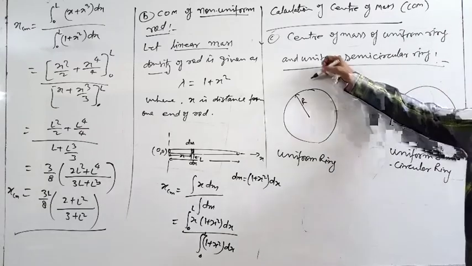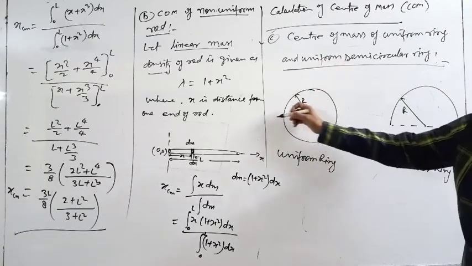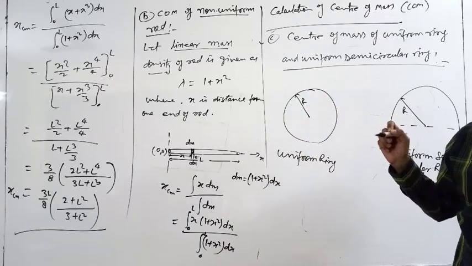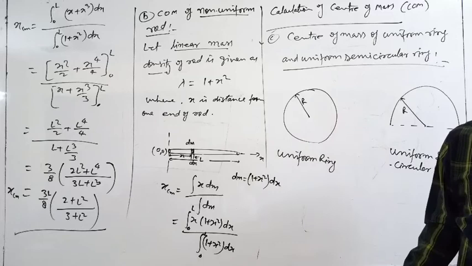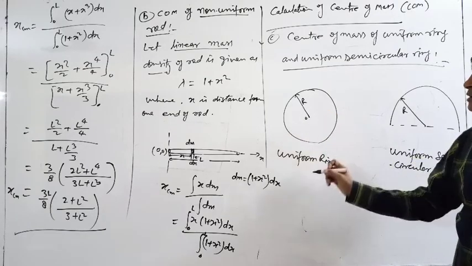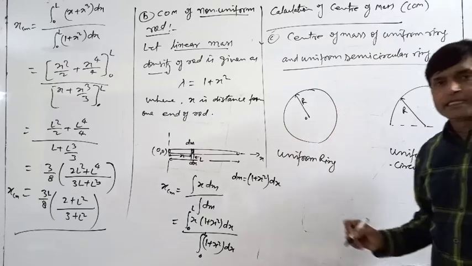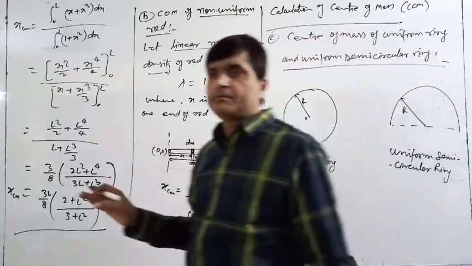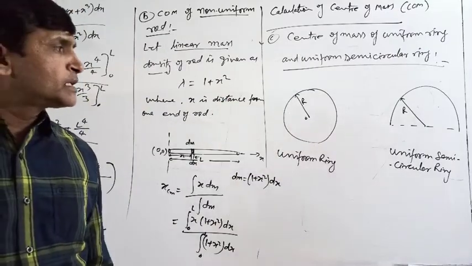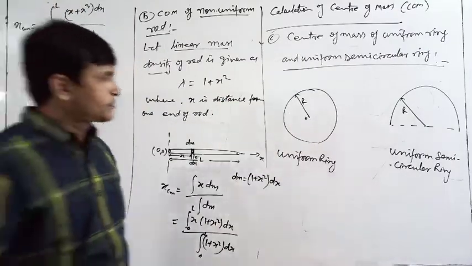So here you can make one line, another line, a third line, a fourth line, any number of lines passing through the center. So the center of mass of the uniform ring will be at its center. So I will not calculate this one. It is an easy one. Mainly I will calculate the uniform semicircular ring.